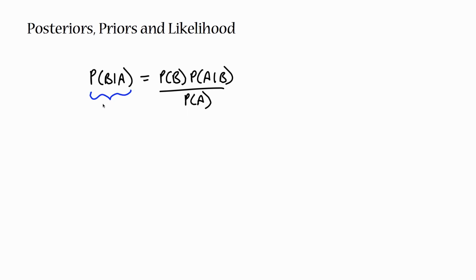And this bit over here is the posterior. Right, it's the conditional probability of B after we take into account all the stuff we know about A. This bit over here, the unconditional probability of B, is the prior, and this bit over here is the likelihood.